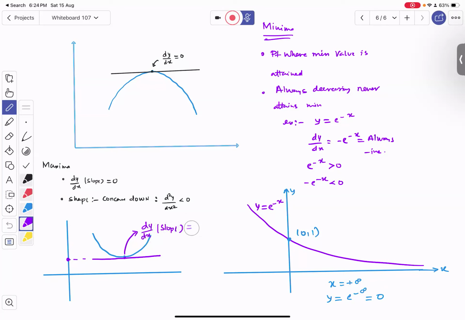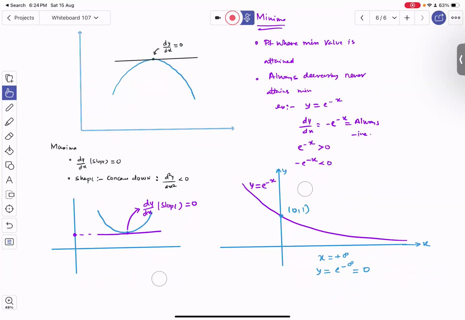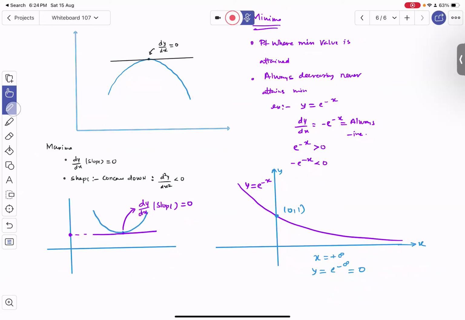But the shape of the curve it will generate because of having a minima is going to be concave up, no? So the condition for minima: at whichever point you have minima, dy by dx should be 0, and double differentiation.